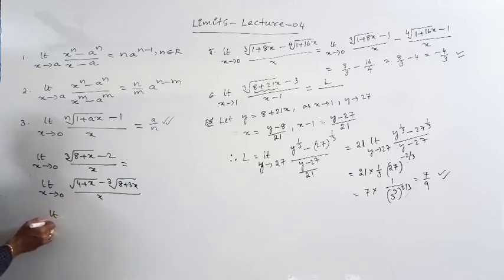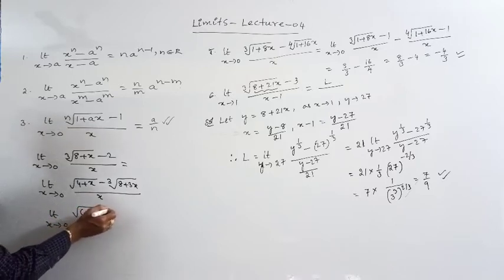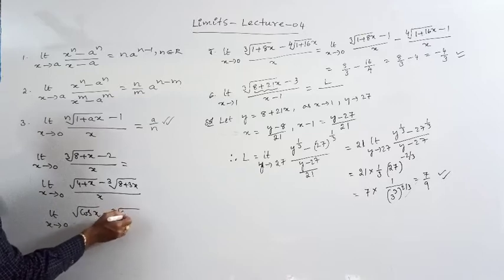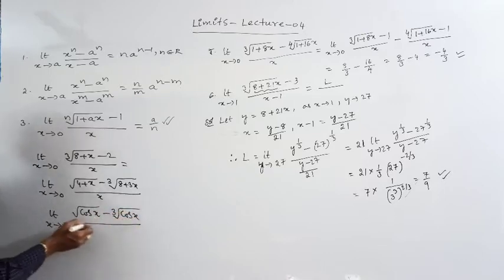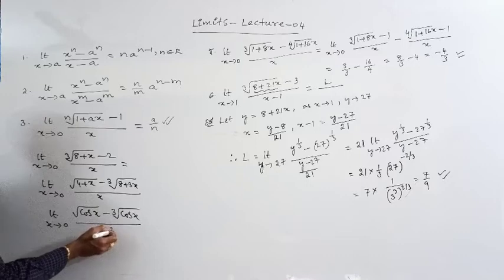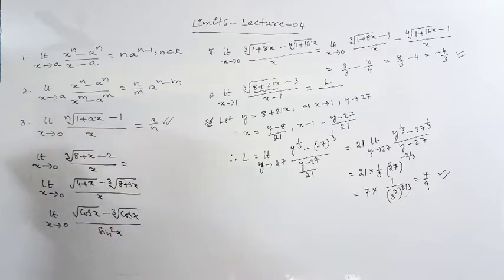Limit x tends to 0, square root of cos x minus cube root of cos x by sin square x. If you want, I will do this question.